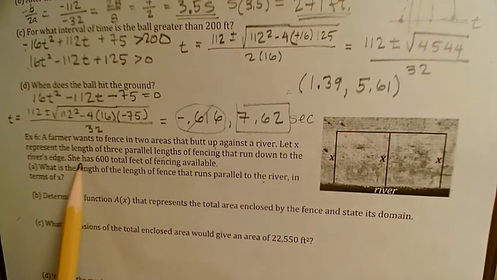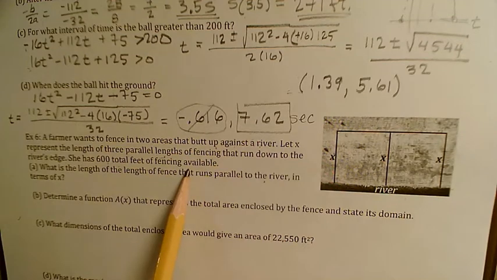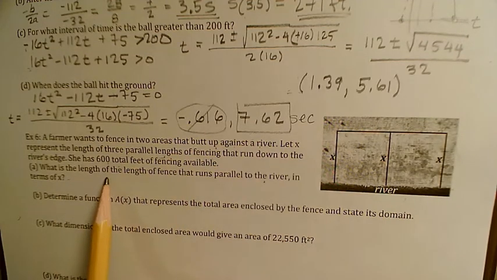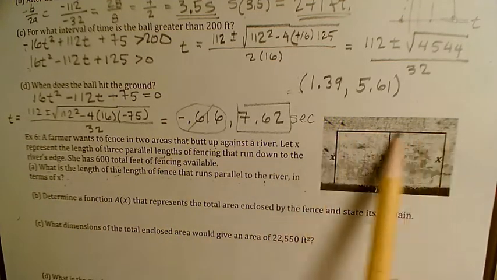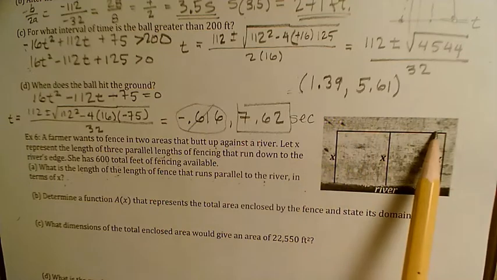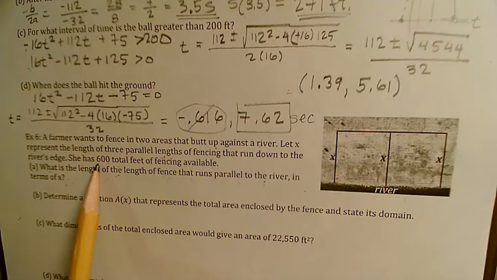I guess he figures no one's going to come onto his property because they'd have to wade through the river. All right, so she has 600 total feet of fencing. What is the length of fence that runs parallel to the river in terms of x? There's a typo there. So this part, right? What is this stuff? How is that represented? Now, we know we have 600 total feet.